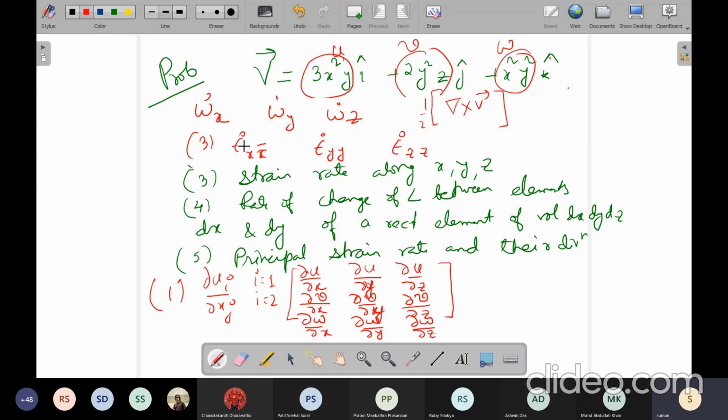You may call it half of epsilon dot xx, because that will be this one. Similarly, so this is important. What's the name, whether A, E, or epsilon, that is not important, but this is the rate of strain along x. Similarly, along y is this one, and along z is.